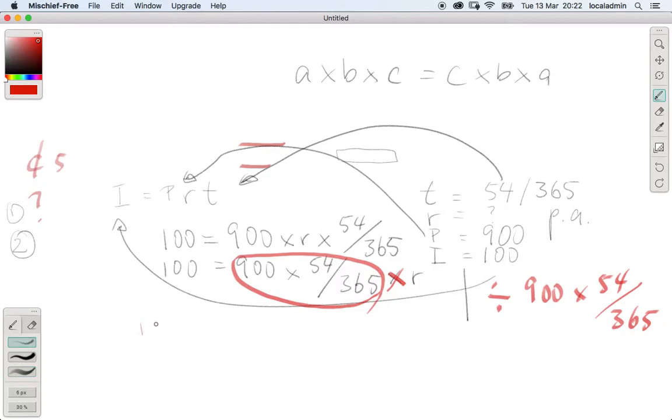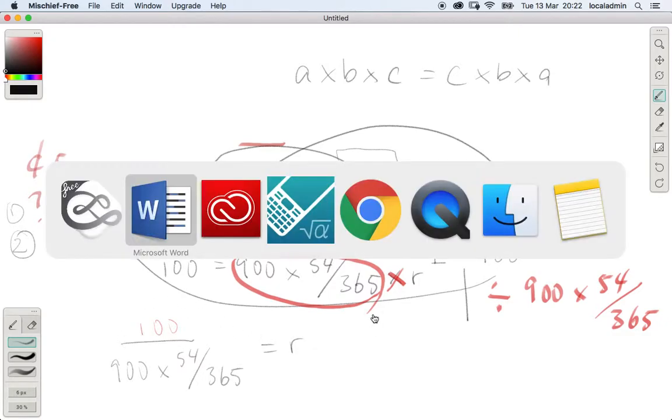So which then gives us 100 divided by 900 times 54 over 365 equals our rate per annum. That goes in the calculator.